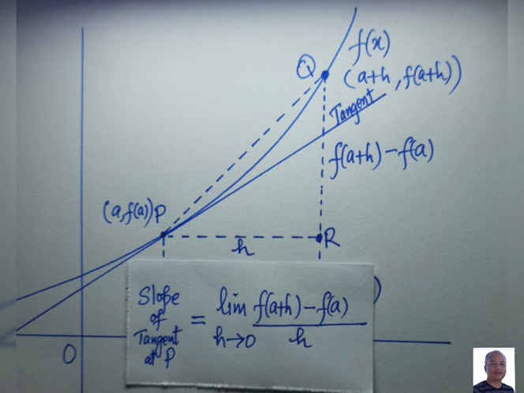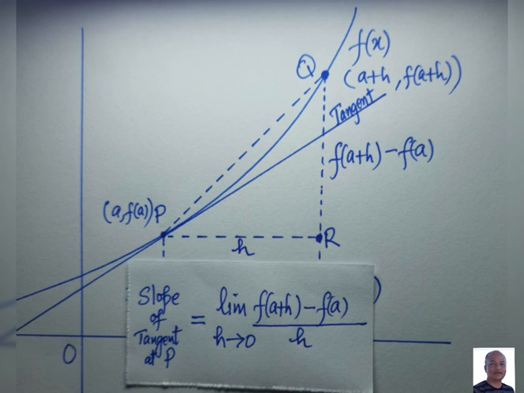Now, assuming that the gap h is becoming very small, h is approaching a number 0, because the length of a gap which is very small, at the most it is 0. So h is approaching a number 0. What will happen at that time?